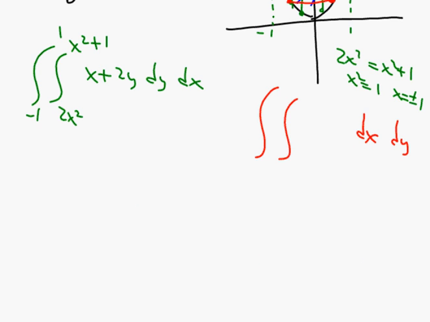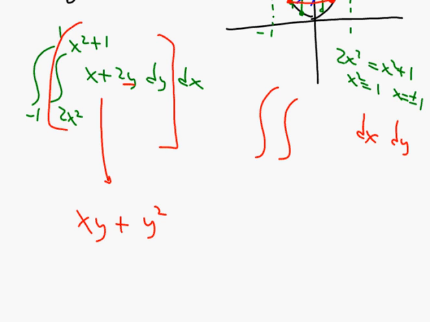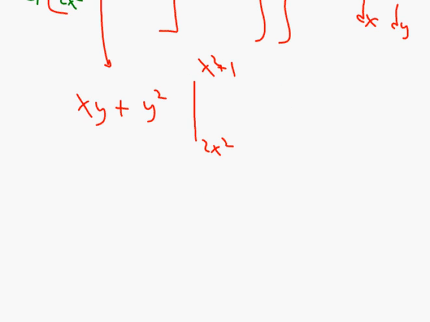So here we go. This thing, with respect to y, so if y is the variable, the antiderivative becomes x times y plus y squared, since 2y must have been the derivative of y squared. Okay, that's pretty nice. And we're going to evaluate that from 2x squared up to x squared plus 1. So we're going to sub some things in here and do some simplifying.